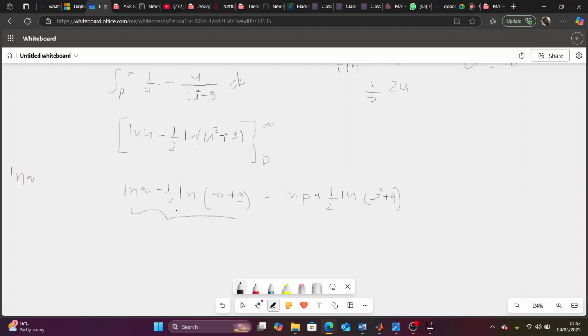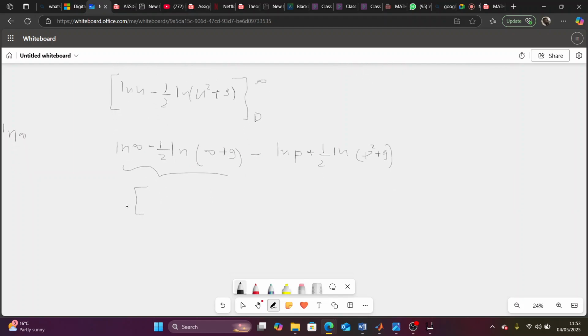Whatever you do inside here will be infinity, so they both cancel out. That's the reason the solution here is only minus ln p minus half ln of p square plus 9. If you see stuff like this, just make them 0.